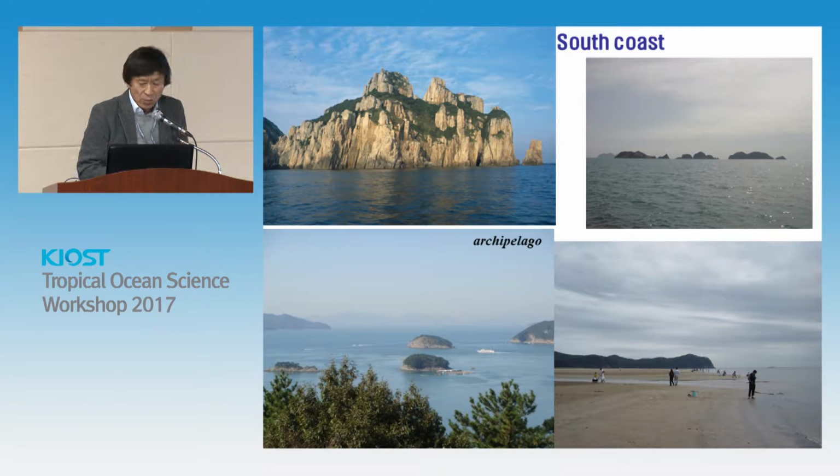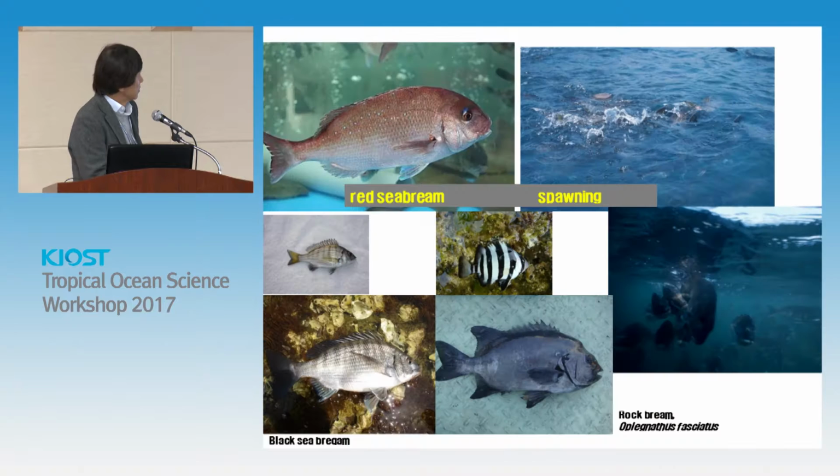And we have around 3,000 small islands in the Korean Peninsula. This is the south coast with very small islands, rocks and beautiful scenes like this. They have many major fisheries species like sea breams and parrotfishes.